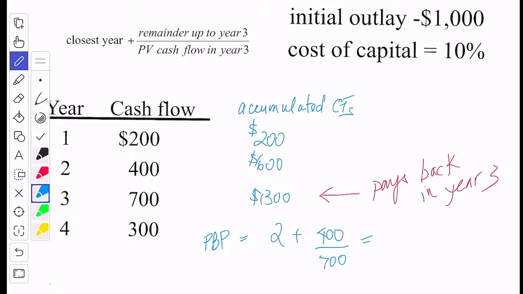What do you get? So I'm doing this without the PV. I'm doing this just as the payback period to teach you the payback period, Diego. Discounted payback is something else. I mean, obviously it's related, but this would be the payback.